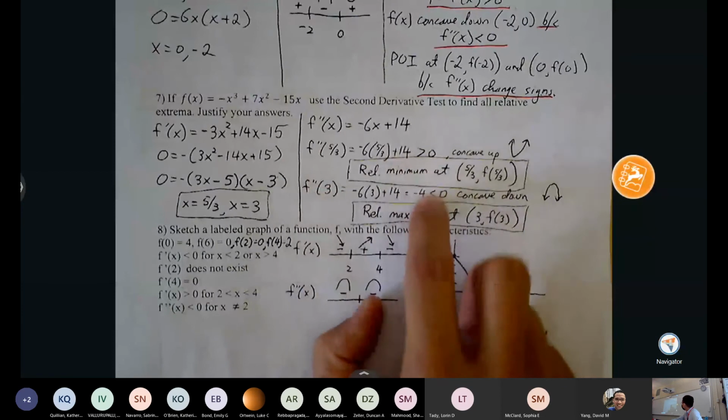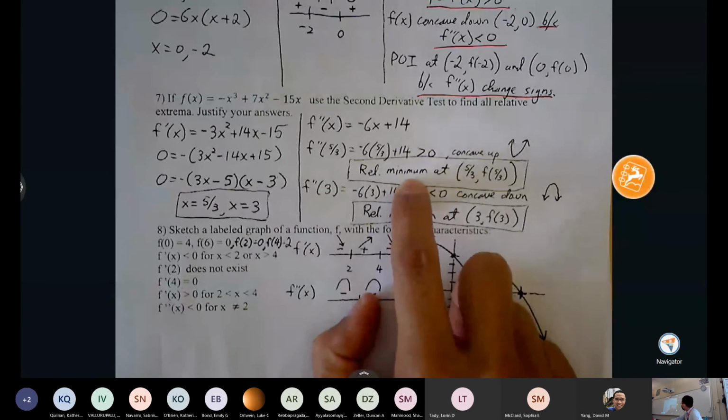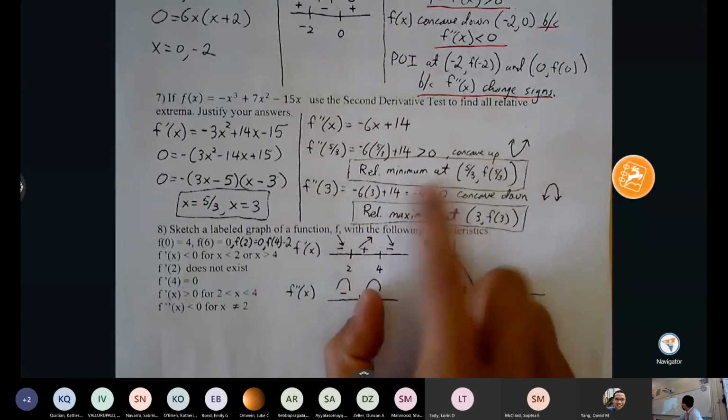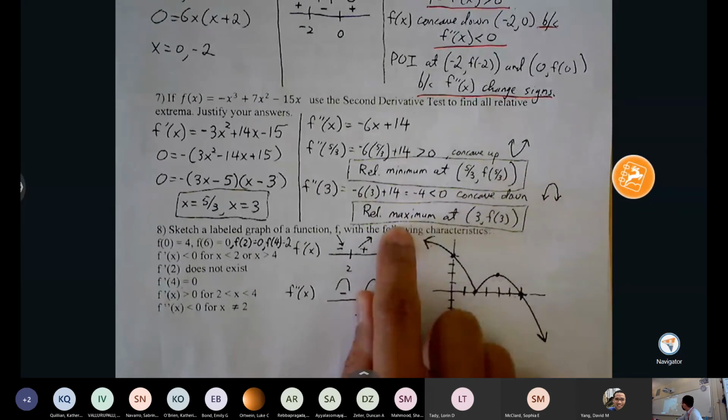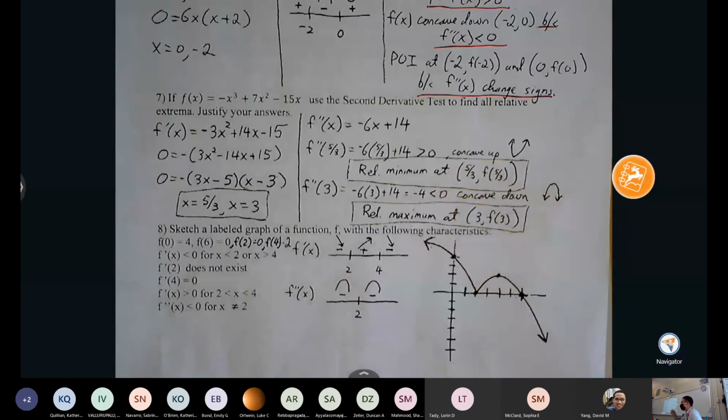And then you're going to look at the signs, right? Positive is going to be relative minimum because it's concave up. A resulting negative value from the second derivative is going to mean concave down, which means a relative max. And just being able to make those conclusions based off of using the second derivative test.